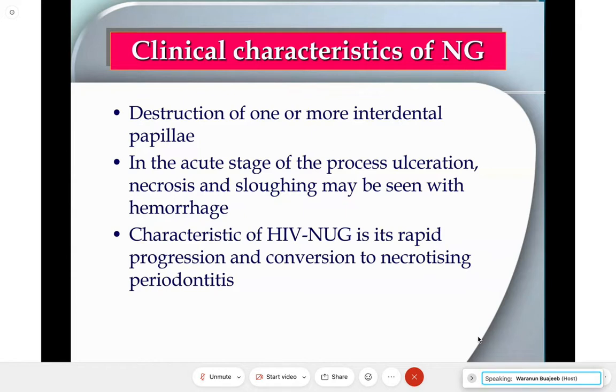Sometimes after the crater-like lesion at the IDP, it will progress to the marginal gingiva and can also cause necrosis of the gingiva and spontaneous hemorrhage. In HIV positive patients, it can progress rapidly to necrotizing periodontitis.